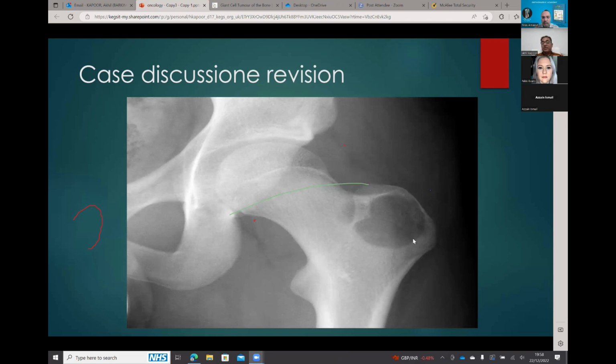Then we see the pattern of destruction. You can clearly see that it's a geographic lesion, very well defined, and it has a very narrow zone of transition. It suddenly changes from lytic to normal bone. If you look at the periosteal reaction, there is minimal to no periosteal reaction at all. So in all probability, this is a benign lesion and not an aggressive lesion, and possibly more likely to be a simple bone cyst.